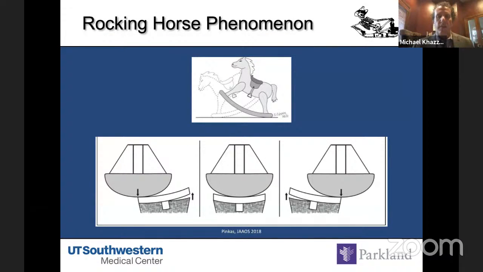Similarly, with a cuff deficient shoulder, where you get coronal plane edge loading, if you have maintained retroversion greater than 10 to 15 degrees, then you get axial load micromotion and rocking horse phenomenon that will loosen the component and cause failure and bone loss.